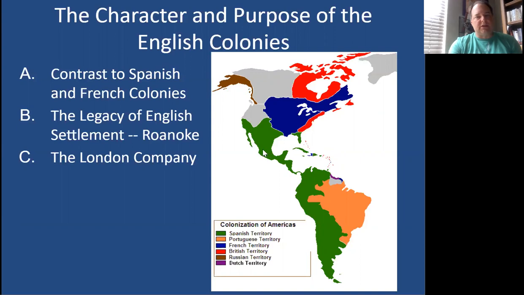Cortez first comes in, conquers the Aztecs, and then Coronado will search the southwest for cities of gold. Another conquistador named De Soto will come this direction looking for cities of gold.